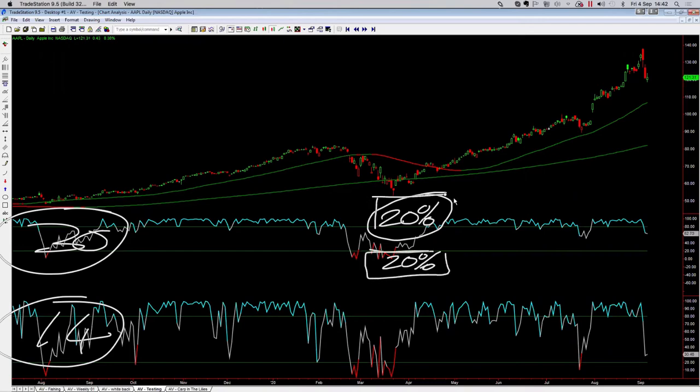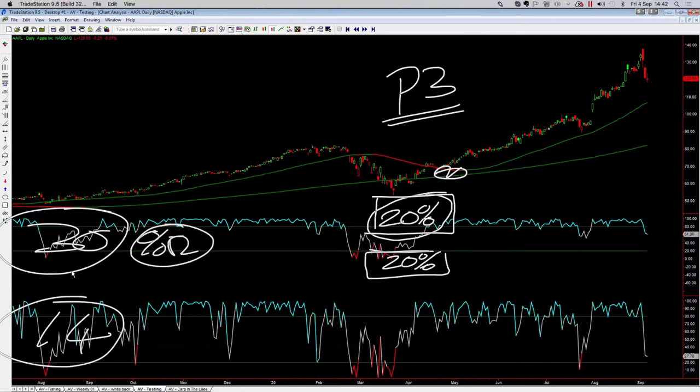Let me say this again. If I'm looking for a strong trend, and we've already used the averages, if I'm looking for a phase 3 trend, just like this one, then I want to find strong trends. So this tool, with a slightly longer period setting, smooths out the data.